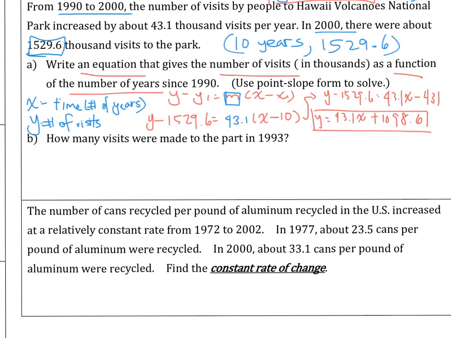Part B. How many visits were there to the park in 1993? Now, 1993 will be considered the third year from 1990. So I can take the equation in part A, y equals 43.1, and substitute x in for 3.